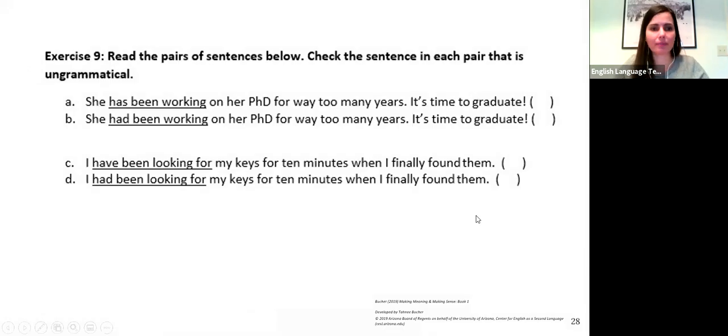How about this one? What do you think of this task? You see, my examples are very personal.